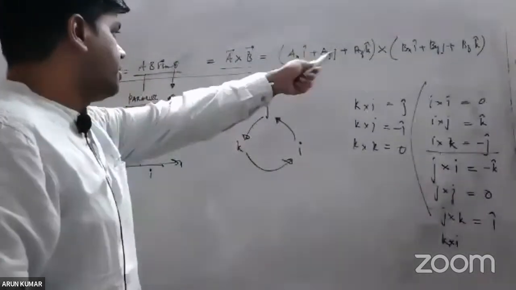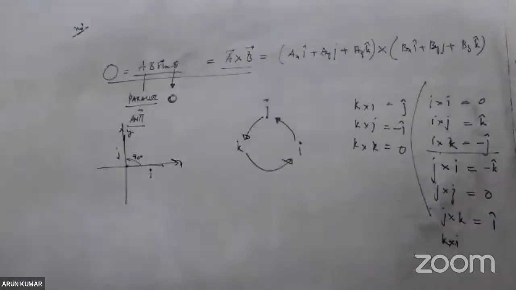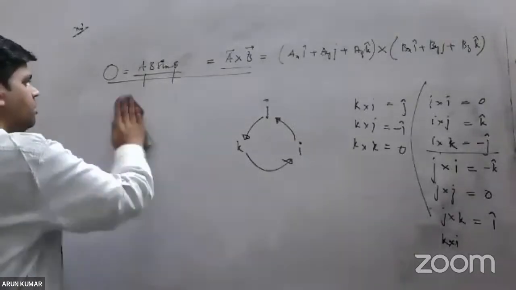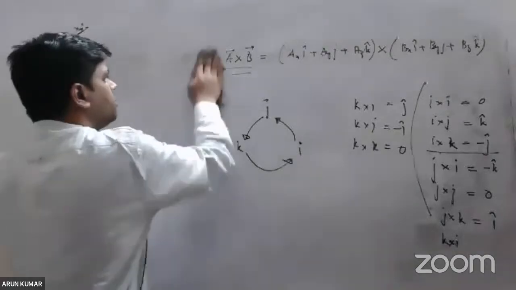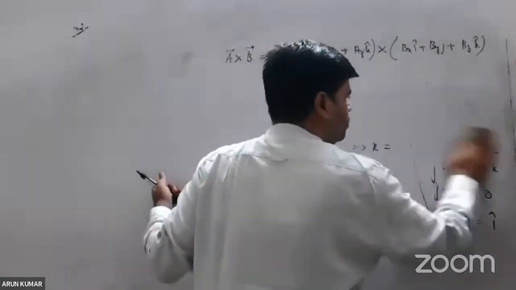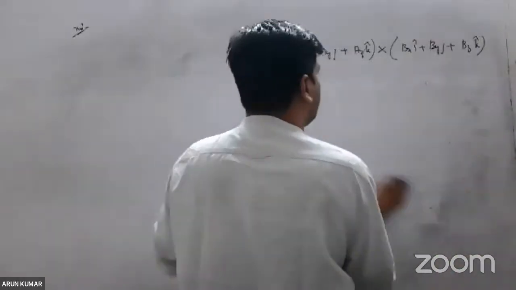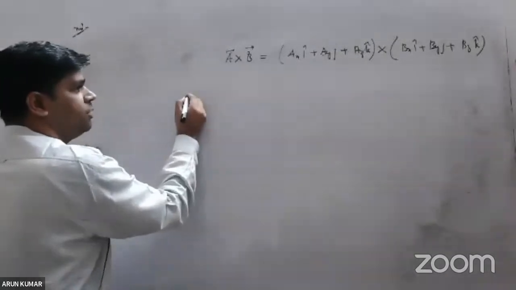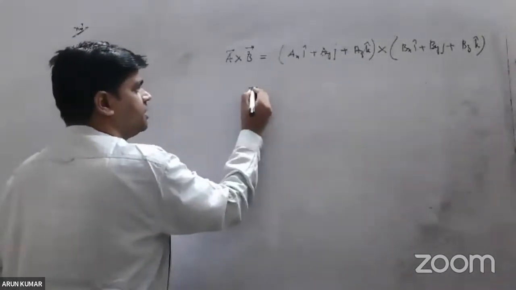Alright, so let us now take the cross product of A and B. I'll write it like this.